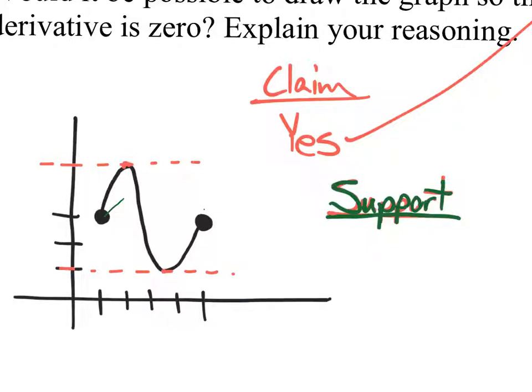Decrease. Go down. I'm going to have to decrease, and wherever I start to decrease, I'm going to have a max point, which means the derivative equals 0. Okay? If I started going down at first, in order to end up over here at this point, I'm going to have to come back up somewhere. And wherever I decide to do that, I'm going to have a min point. Okay? So there's some support for that.